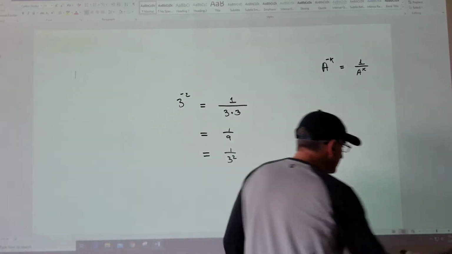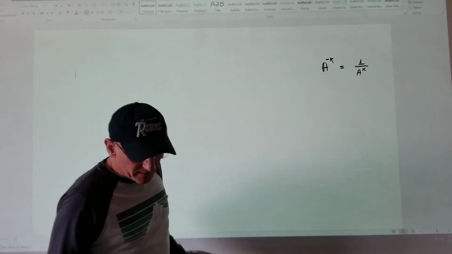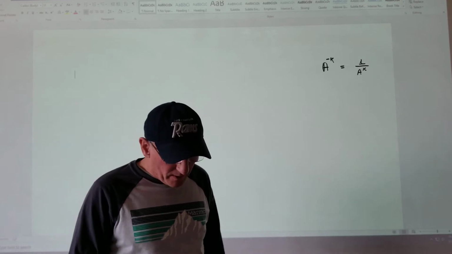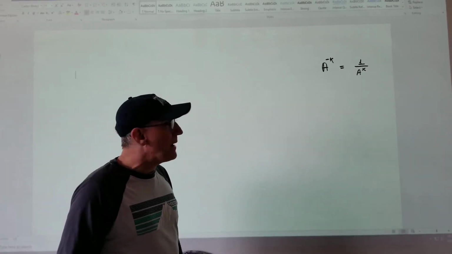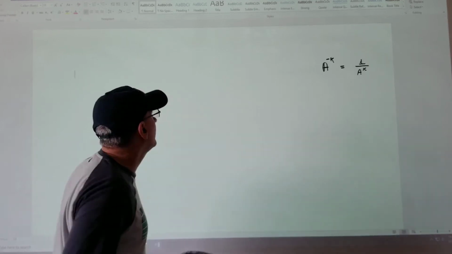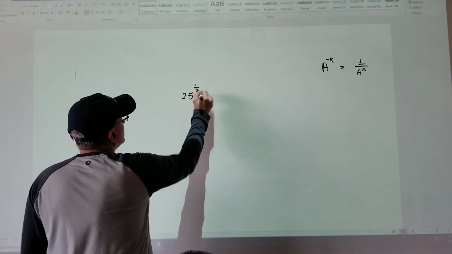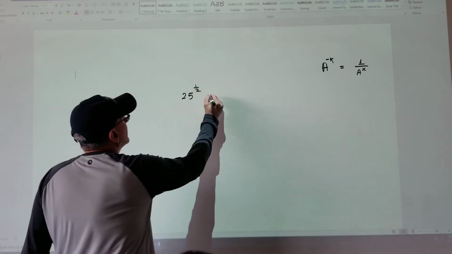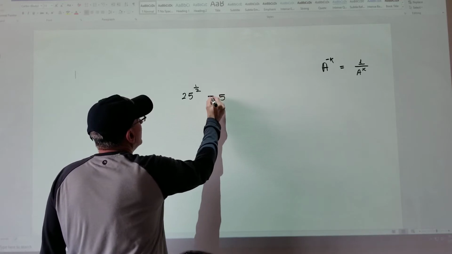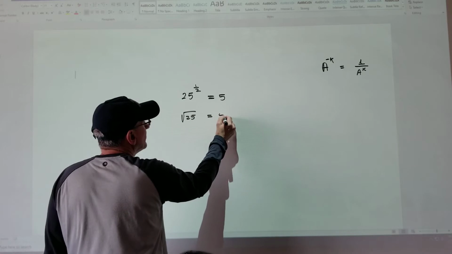Okay? Another property you're going to need in this review exercise is you're going to need to know a little bit about what a rational power is. So if you have, for example, 25 to the half power, do that on a calculator, it comes out to 5 in the same way that the square root of 25 comes out to 5.